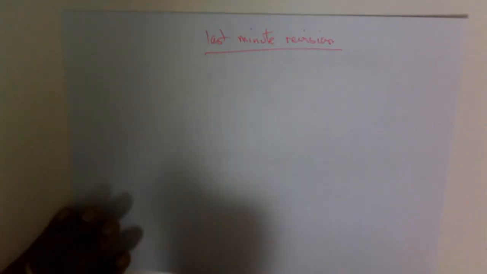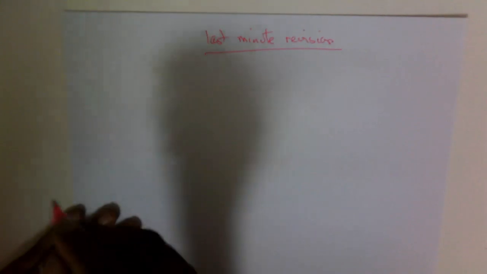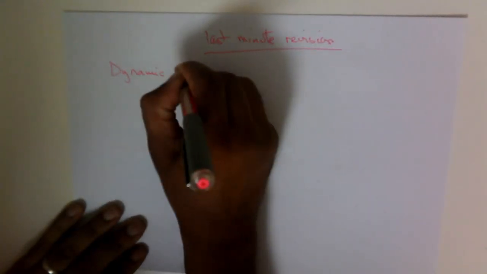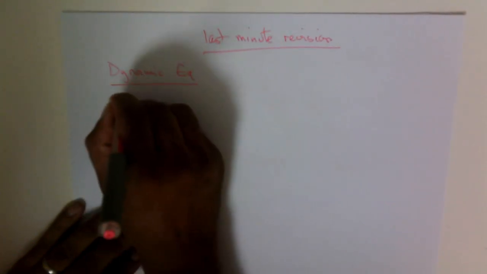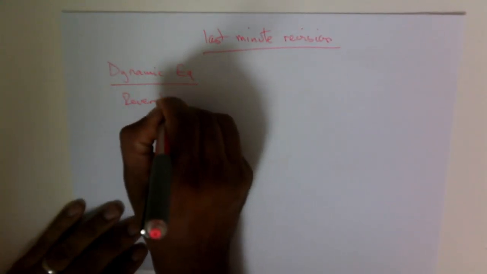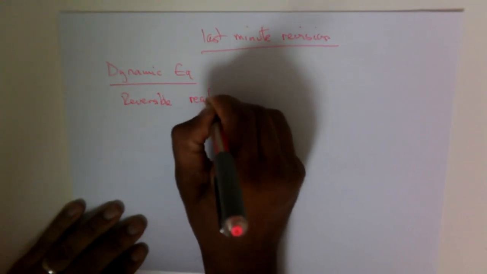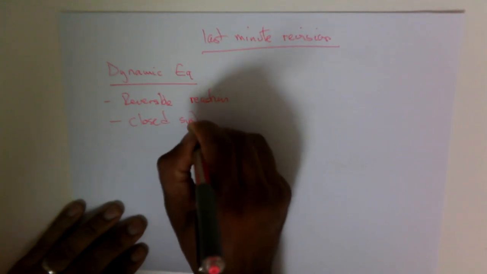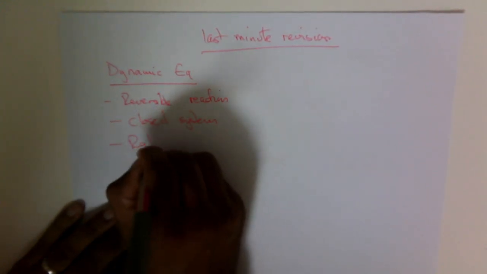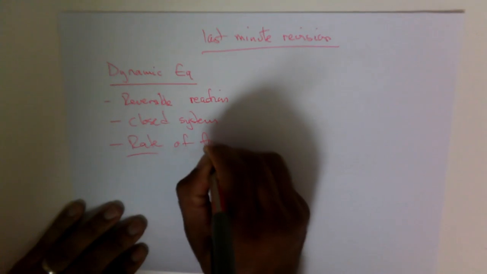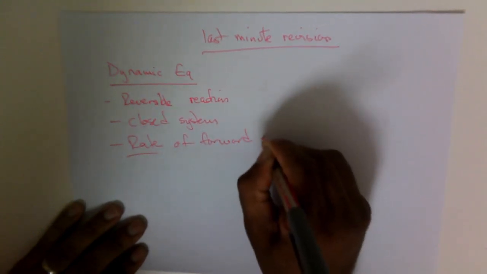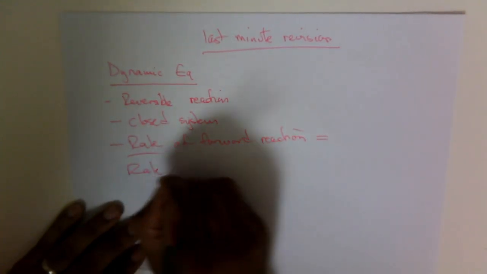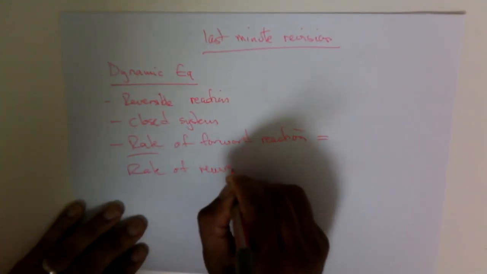Right, the last bit on equilibria is just a couple of things on dynamic equilibrium. Remember, dynamic equilibrium, you need to have a reversible reaction. It needs to be in a closed system, and the rate of forward reaction equals rate of reverse reaction.